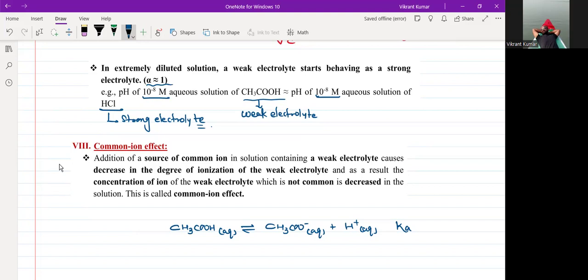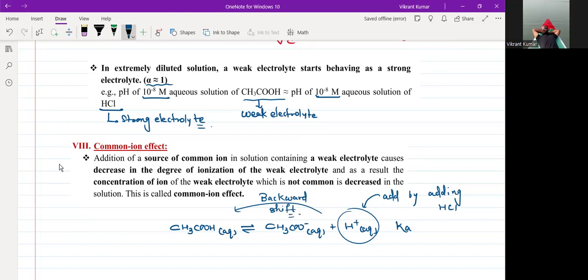So if I'm adding H plus, अगर मैंने add करना start कर दिया somehow by adding, like HCl add करना start कर दिया, so what will happen? This is going to shift the reaction in backward direction, so there will be backward shift. And backward shift होने से तो अल्फा कम होता है ना, alpha of the weak electrolyte is decreasing, है ना.